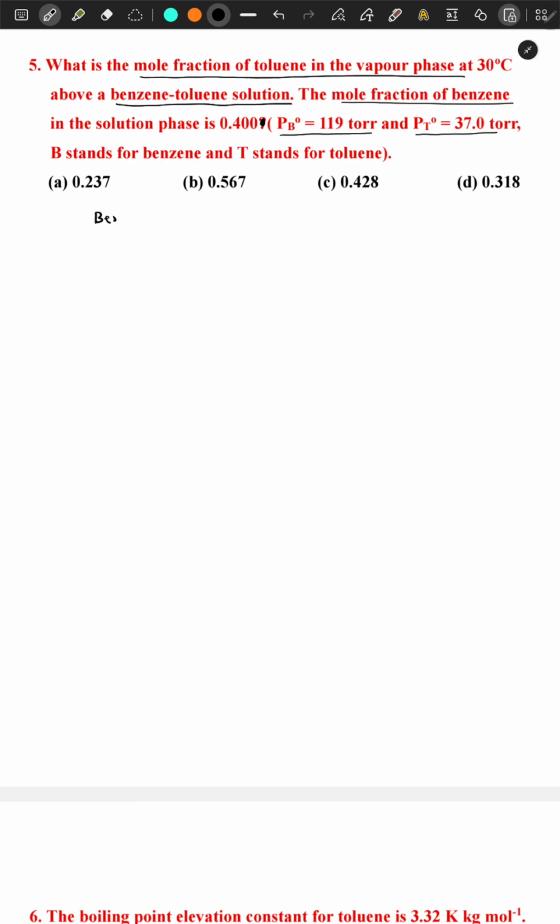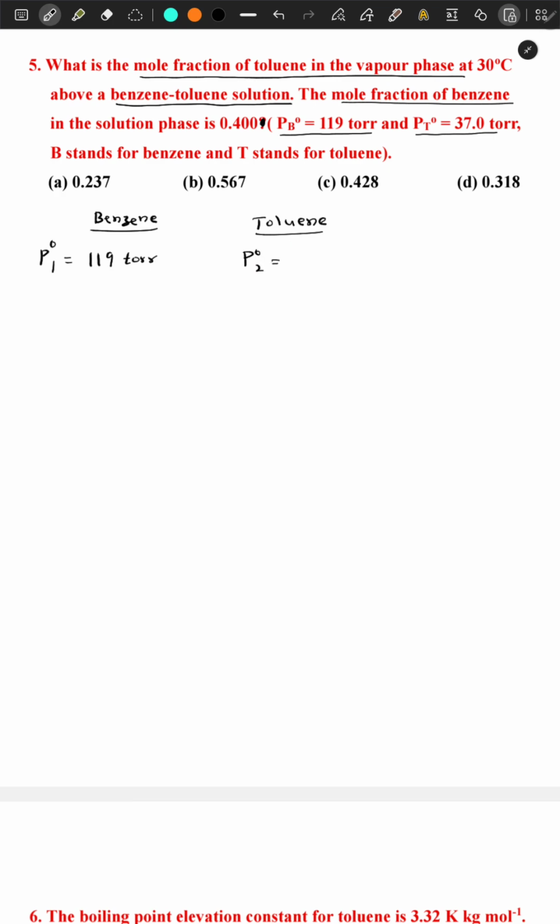One is benzene. I will consider that as component 1. Another one is toluene. I will consider that as component 2. For benzene they have given its vapor pressure in pure state, that is P naught B. I will consider that as P naught 1, because component 1, P naught 1 for benzene, is 119 torr. For toluene P naught 2 is given.